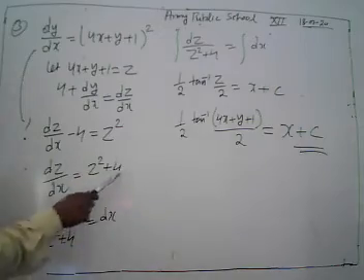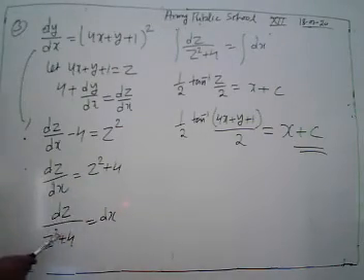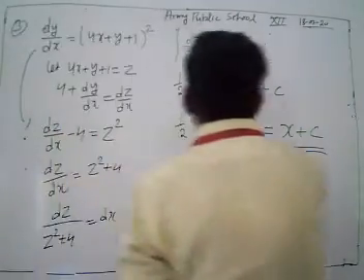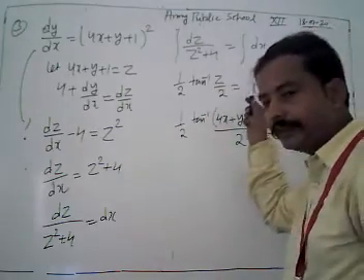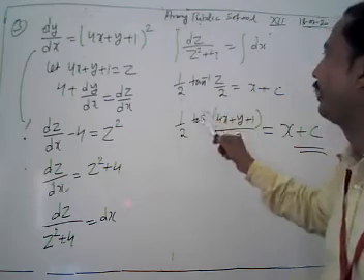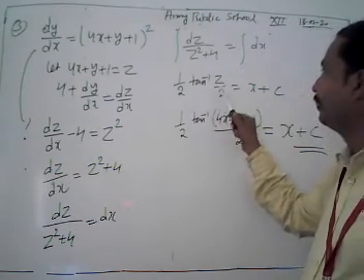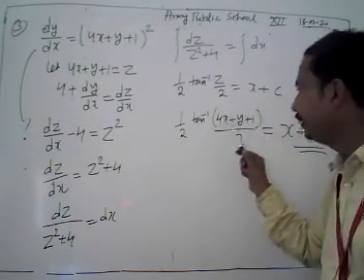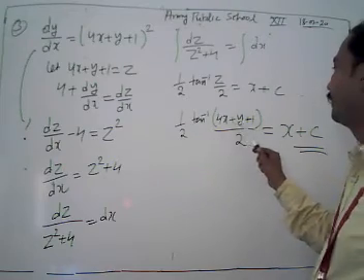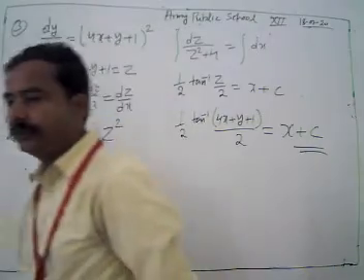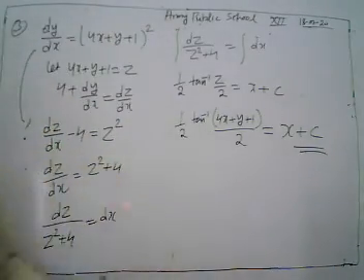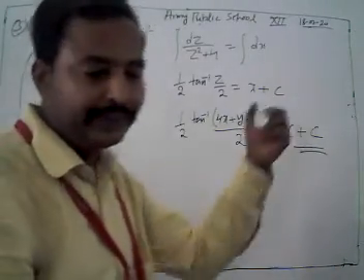Then we separate our variables. After separating variables, we have integration of dz upon z square plus 4 equal to integration of dx. Then we have 1 by 2 tan inverse z by 2 equal to x plus c, so 1 by 2 tan inverse (4x plus y plus 1) upon 2 equal to x plus c. This is our required solution for the given differential equation.